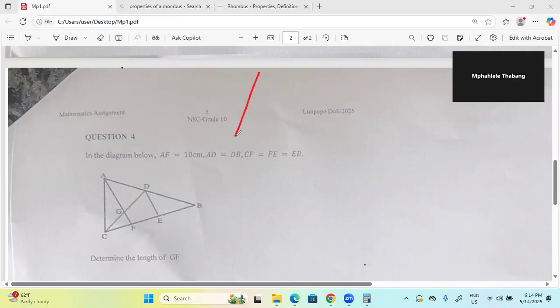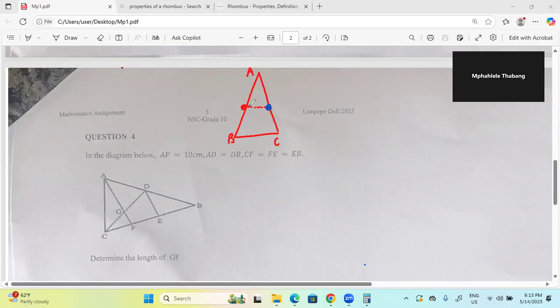Let's say we have a triangle ABC. And we notice a line which touches the side AB and also touches the side AC.